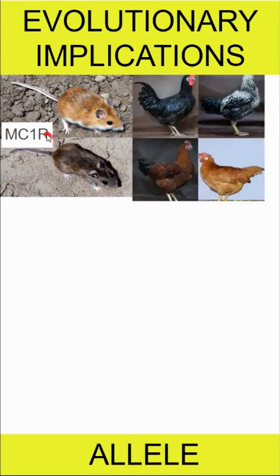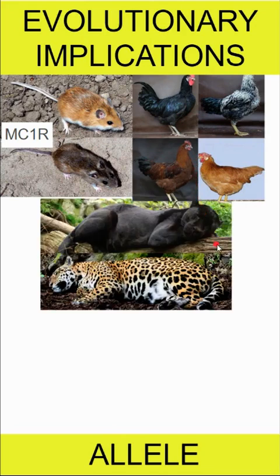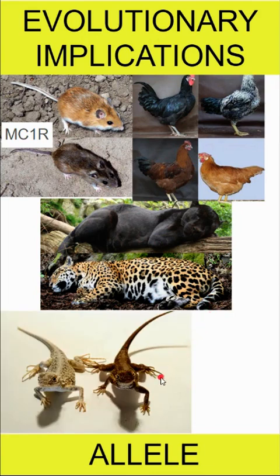So this MC1R gene is almost like an ancient gene because all vertebrates have versions of this gene, and it is responsible for the different color variation in bird plumage. And it creates different variations like in these jaguars. And even whiptail lizards have different color variations based off of this one particular gene.